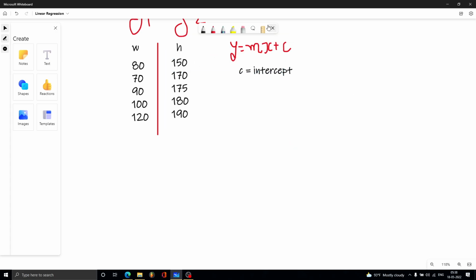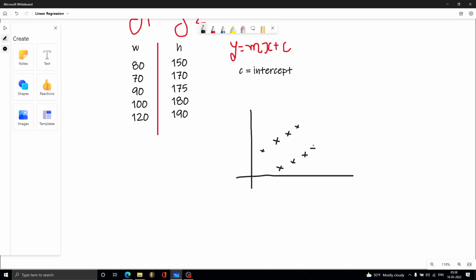Now if you plot a graph with this equation, how is it going to come up? It is going to be presented in this manner, right? For some values of weight, we will get points here, and for some values of weight we are going to get height points here, and this is how it's going to look. Now what does it actually explain about the data itself? Let's say weight is here and height is here.